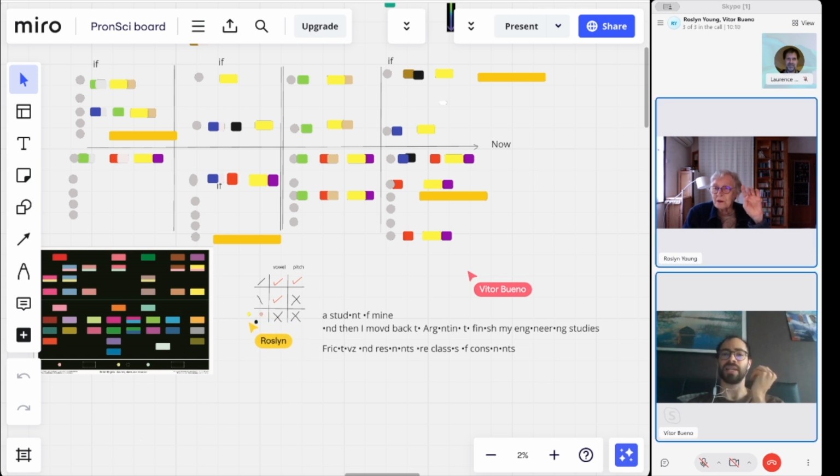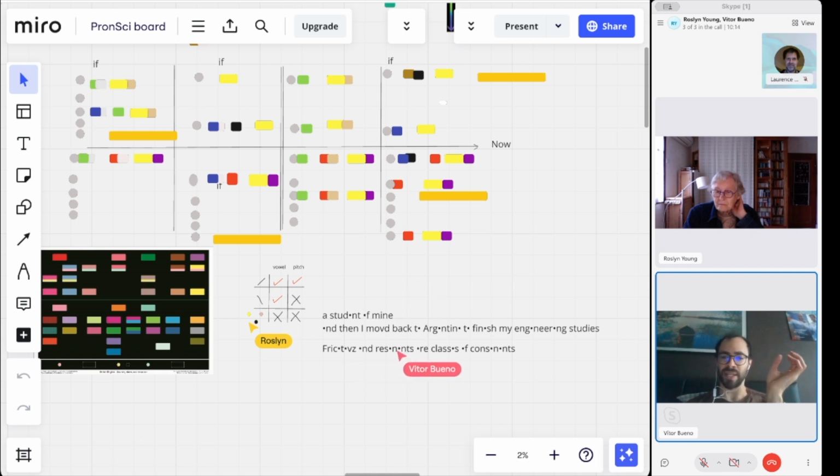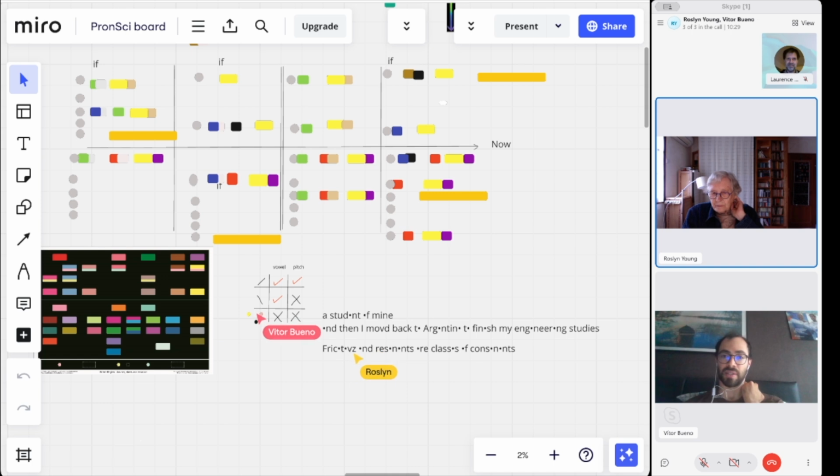Okay, and is it important if I don't know? For example, I hesitated here if it was a resonance or a resonance. Do you think it's very important to know which one I should use? I couldn't really tell you.